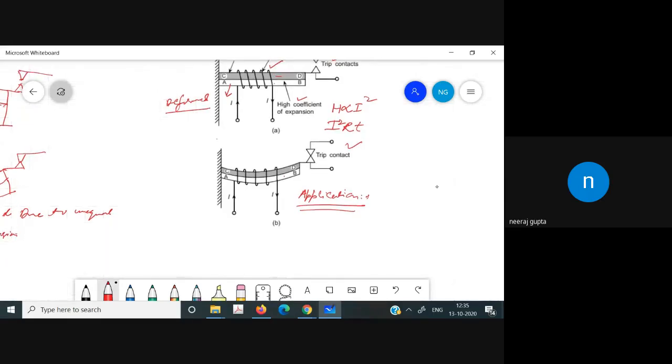The main application of this relay depends upon the accumulation of a sufficient amount of heat, that is, the thermal inertia of this relay, which tends to be large.